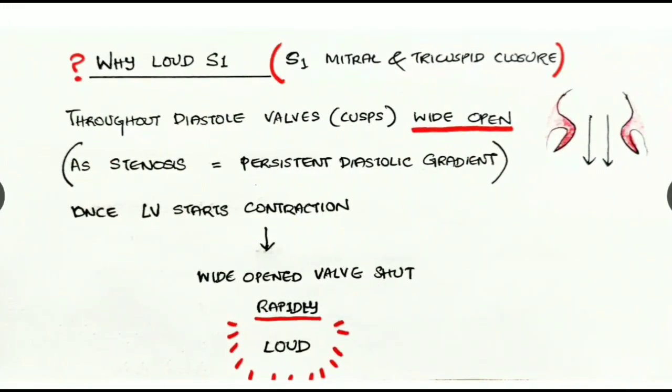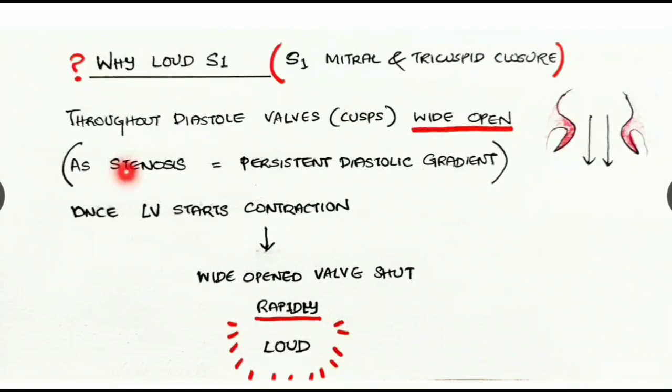Next, why is S1 louder? First of all, let me remind you, S1 is due to the closure of the mitral as well as tricuspid valves. Throughout the diastole, the valves are wide open. In spite of the stenosis, the valves are kept open throughout the diastole. Why?